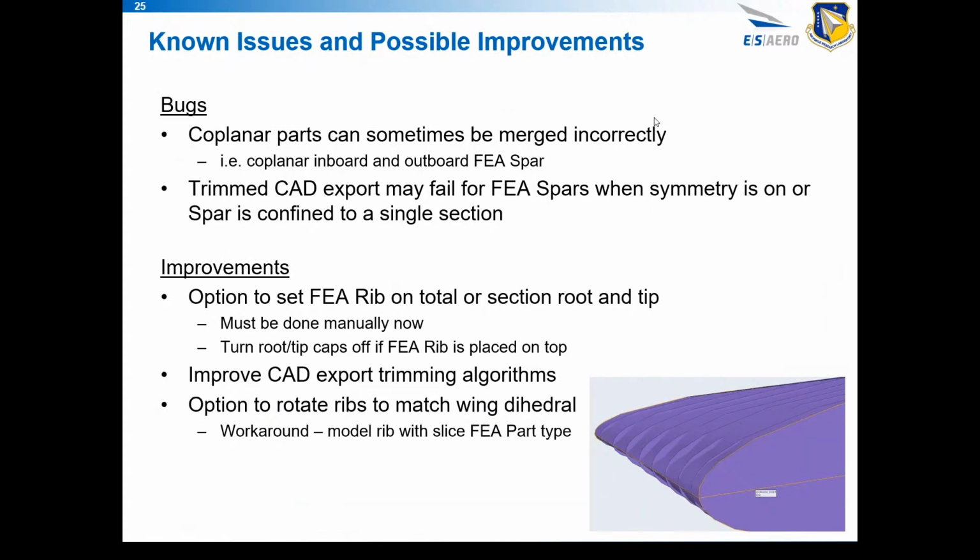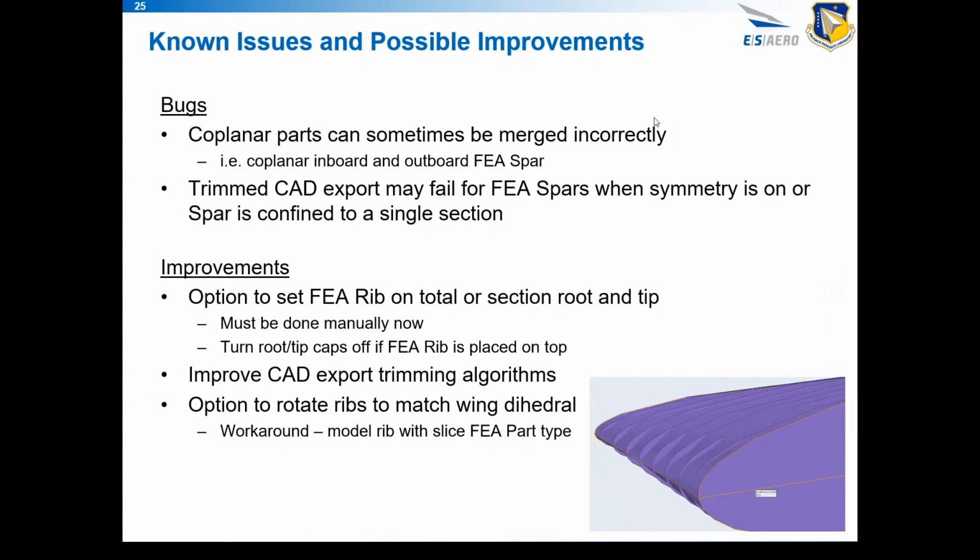A couple of bugs to be aware of. Sometimes if you have parts that are coplanar, what we try to do is check for those and merge them to avoid issues with the mesh algorithms crashing because they can't determine an intersection, or at least a single intersection curve between two coplanar parts.